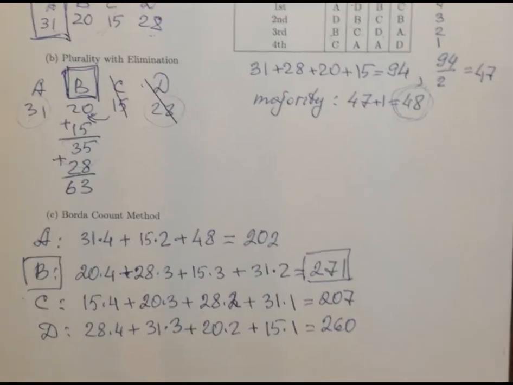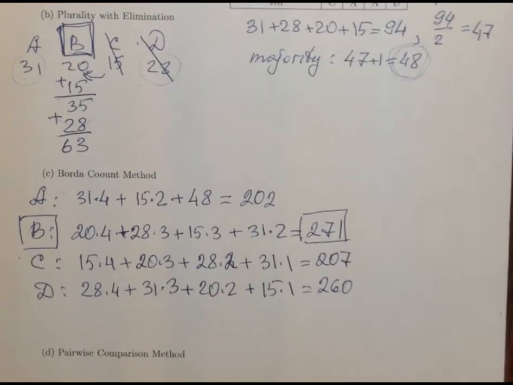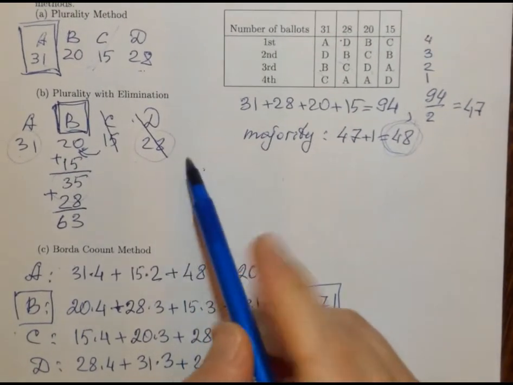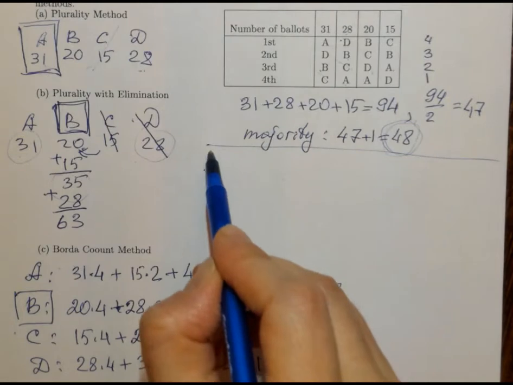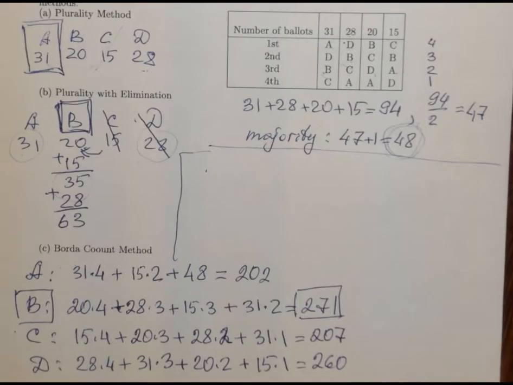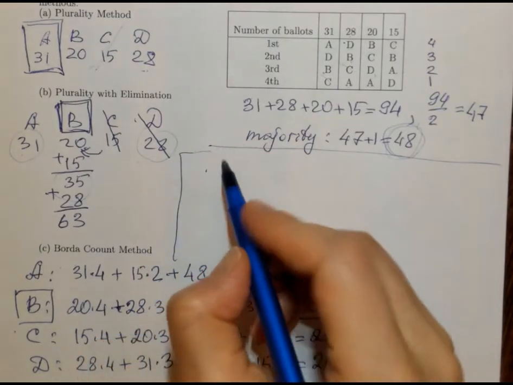And the last method is the pairwise comparison method. I will use this place here. To see the table, we should compare all possible pairs. So we have 4 candidates.